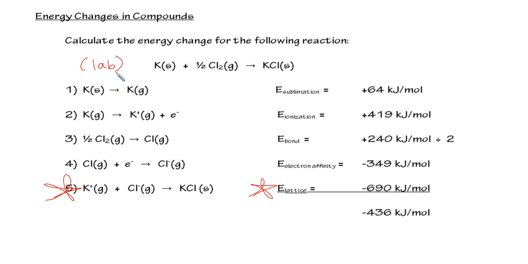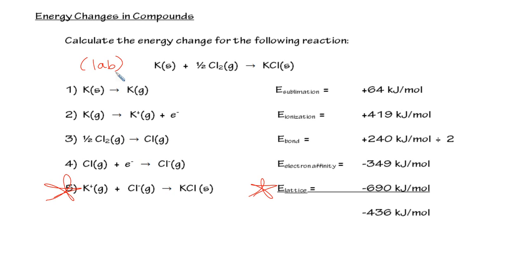Now, to measure this lattice energy, I've got to fix a few things. Number one, lattice energy is supposed to be measured from gaseous ions. I've got potassium in the solid state. So in order to get to the point where the ions are ready to form the compound, I need to get potassium from a solid state to a gaseous state. That's sublimation, right?